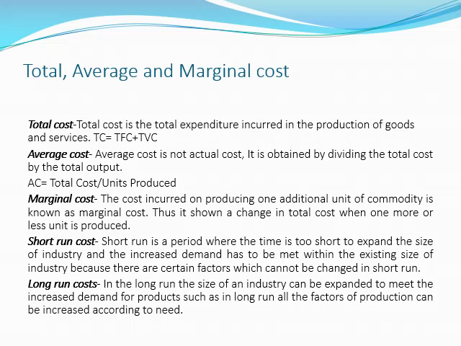These terms help us to understand the essence of cost. Average cost. Average cost is not actual cost. It is obtained by dividing the total cost by the total output.